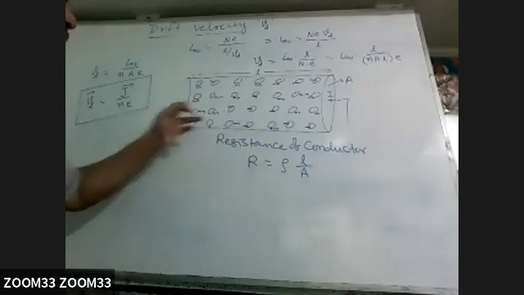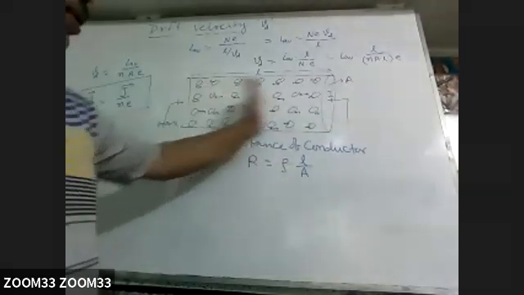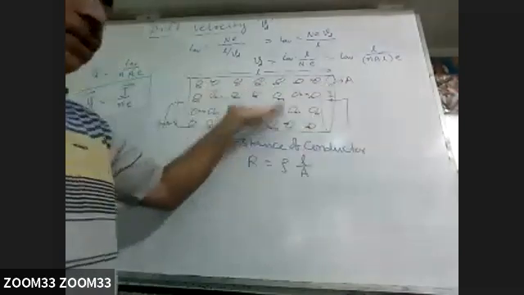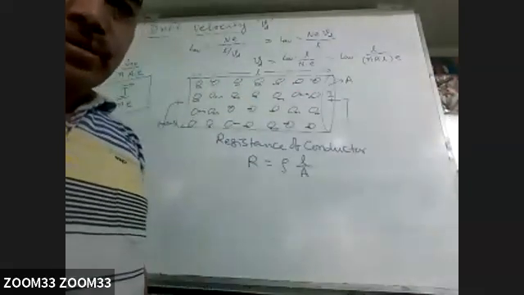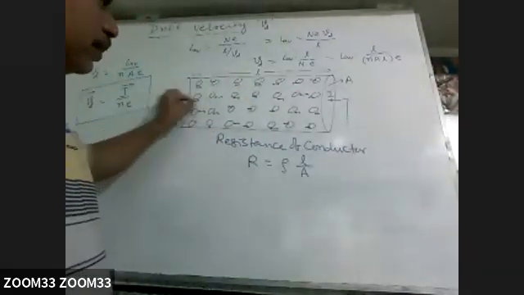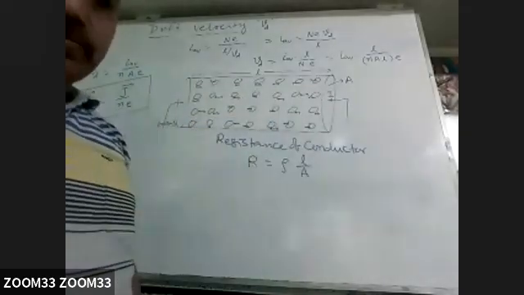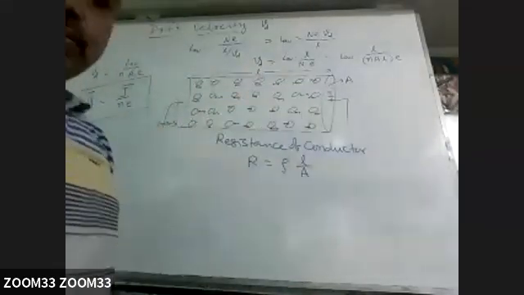That is, resistance is directly proportional to length. If you increase the length, naturally the number of collisions will be more. When the same electron passes from this end to that end, the number of collisions will be more. Naturally, opposing power will be more.